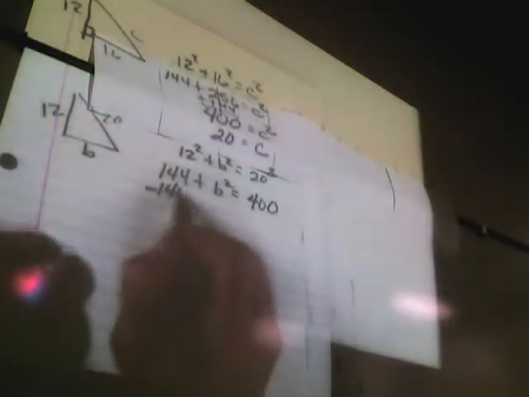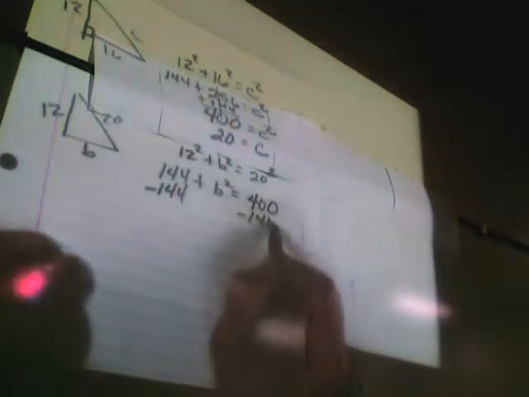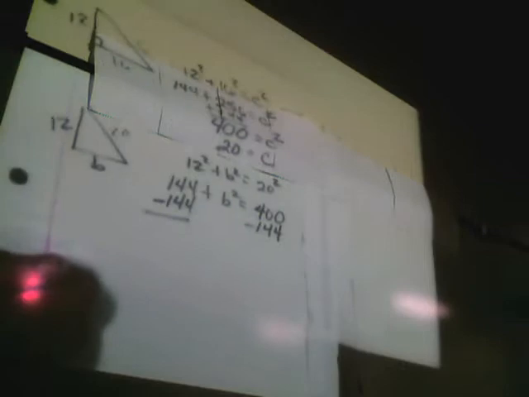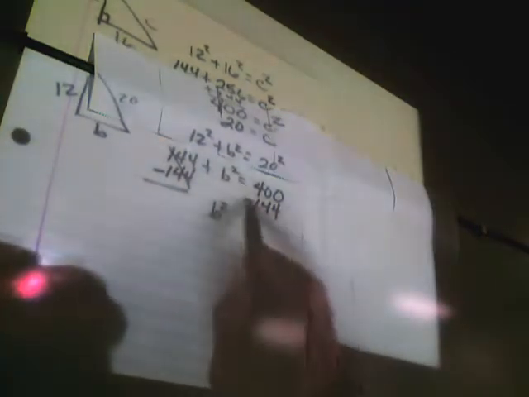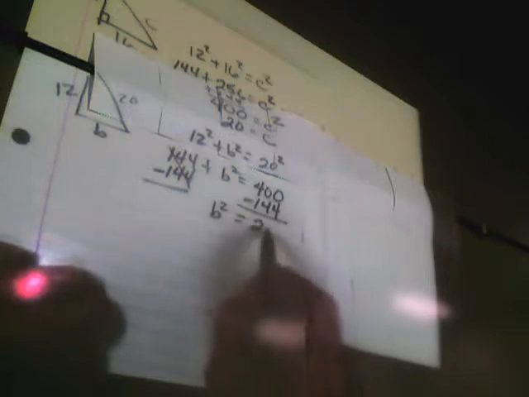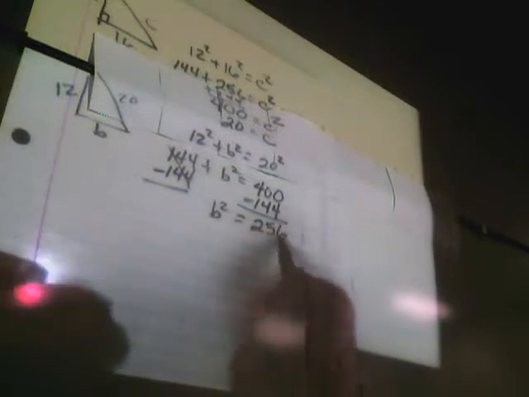Subtract 144. Or you look at the problem before and you say 12, 16, 20, it's going to be 16. But yours might not have that same answer, so you can't do that. B squared, after you subtract, is 256, which was 16 times 16. Square root of 256 is 16.